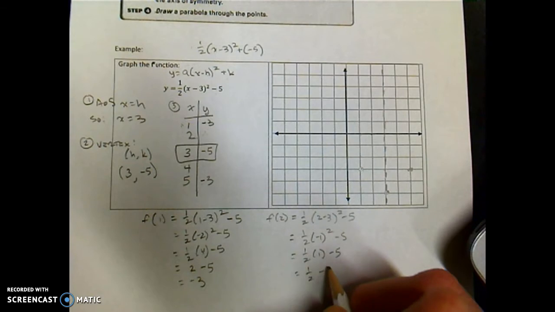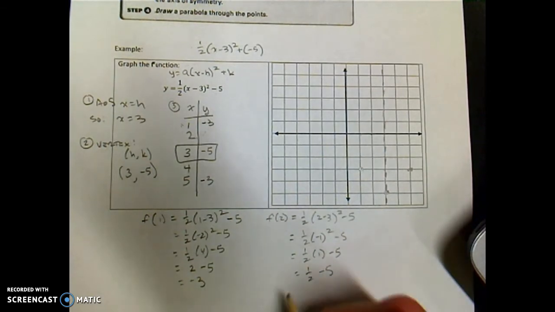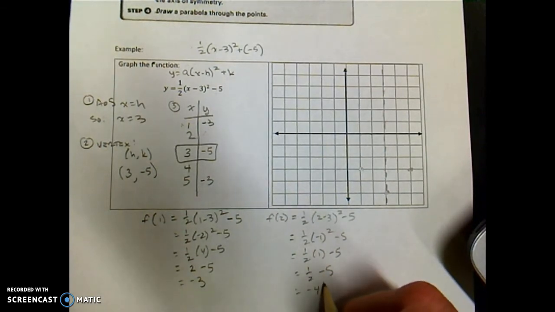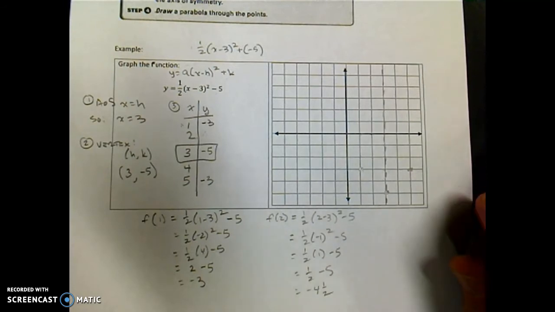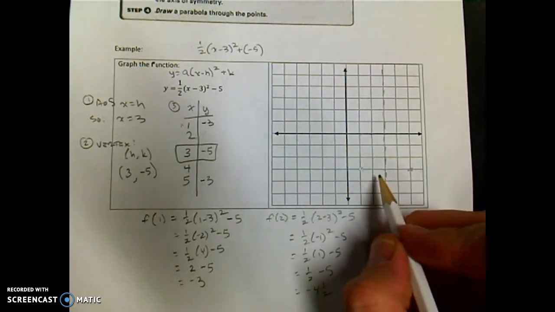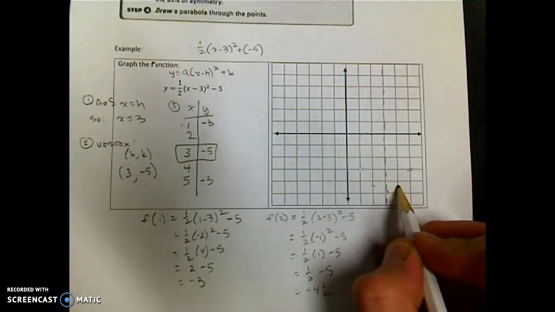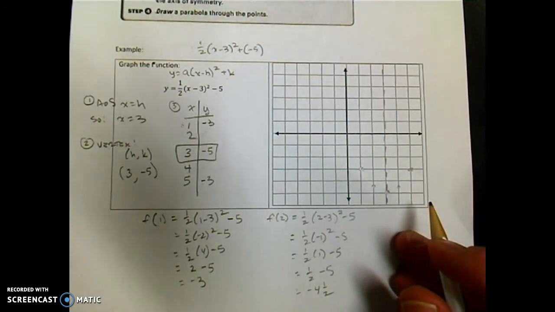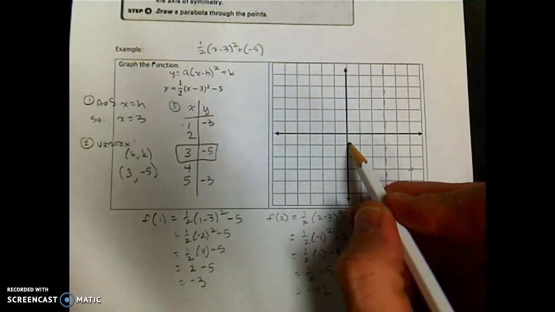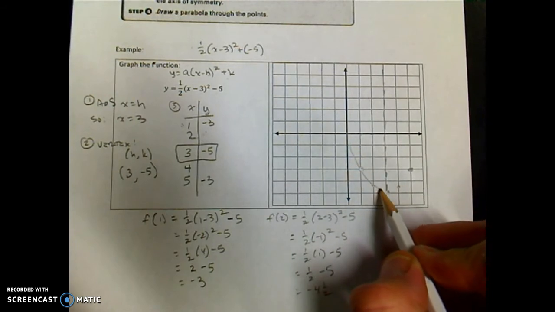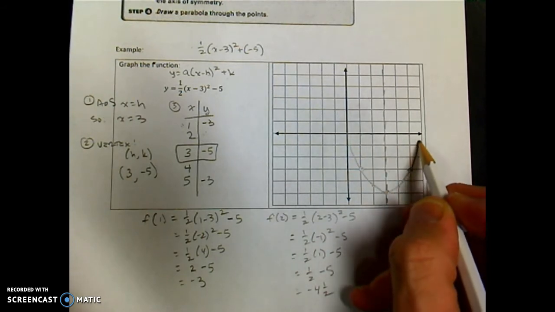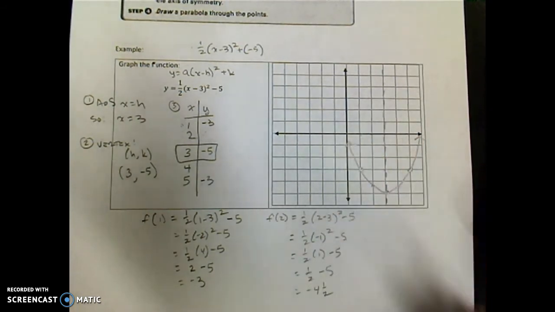So 1 half minus 5, negative 4 and a half. Now that I've got my 5 points, I can go ahead and plot a smooth curve through those points. And I've graphed a parabola from vertex form.